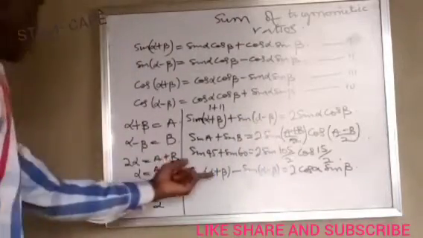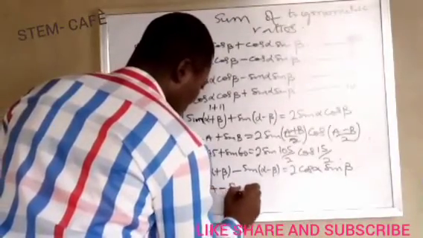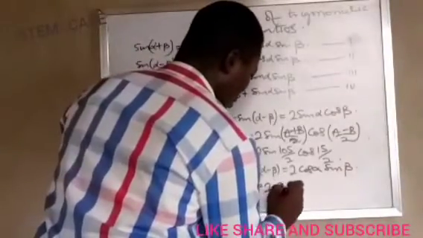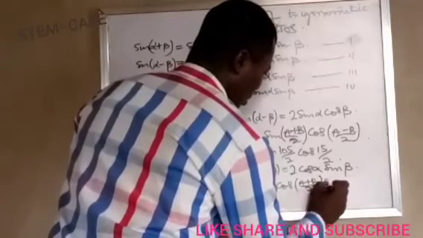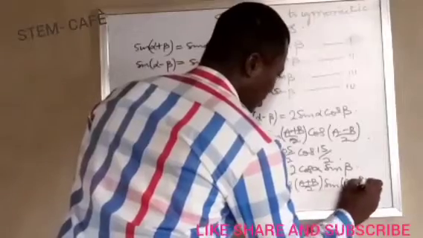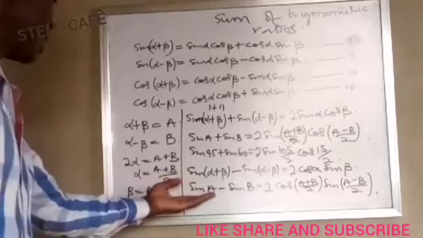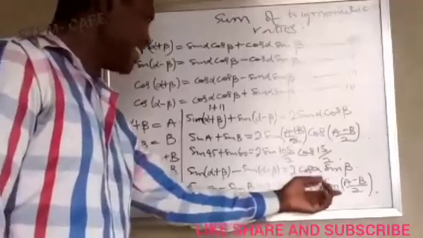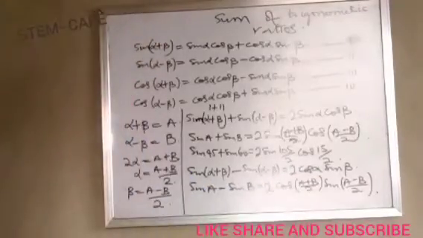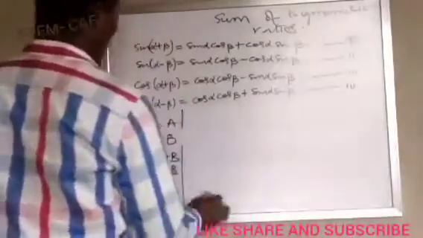So we have sin A minus sin B is equal to 2 cos (A plus B) over 2 sin (A minus B) over 2. So if I have sin 60 minus sin 45, it's going to give me 2 cos 105 over 2 sin 15 over 2. Now let me add equation 3 and 4.